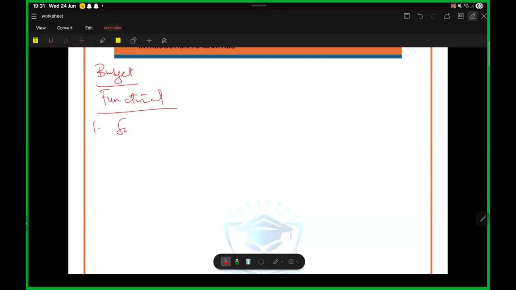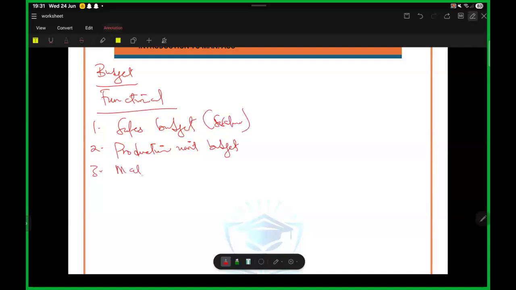So you prepare what we call the sales budget. And then after you prepare the sales budget, the information in it helps prepare the production unit budget. These are mostly in units, and the sales budget is mostly in value. When you get the number of units you need to produce, the next thing is the material you will use.